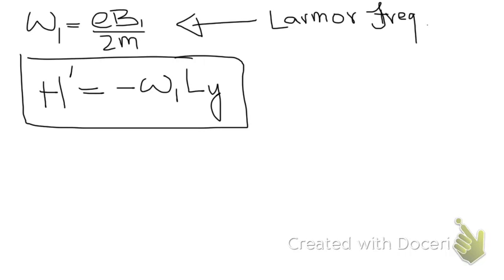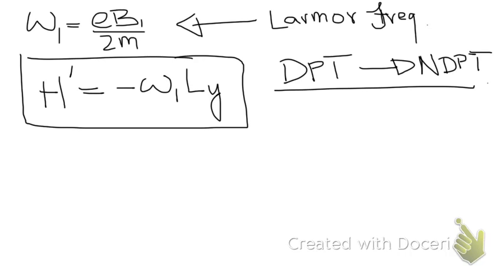So if that is the case, then it implies that my degenerate perturbation theory, DPT, reduces to non-degenerate perturbation theory. You can see that we chose a problem where my B was in the y direction, so we can reduce degenerate to non-degenerate perturbation theory.